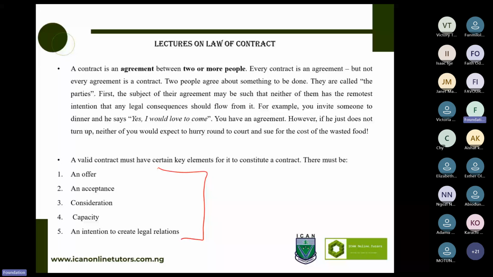The 5 elements of contract include an offer, an acceptance, consideration, capacity, and intention to create a legal relation. So all of these must be present for us to establish that there's a contract. Are you getting me? And most of the time, for commercial substance, consideration is a key factor in saying there's a contract.